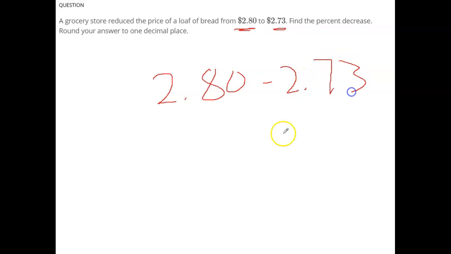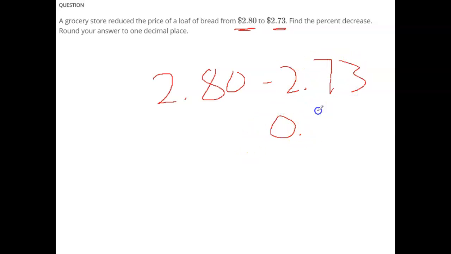Looking at a problem here with percent decrease. So we had an original price and it's reduced from $2.80 to $2.73. So find that percent decrease. It's gone down in price. First, you need to know the amount decrease. So you would do just subtraction for that. $2.80, subtract $2.73.